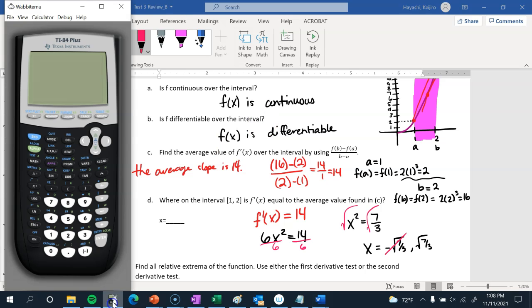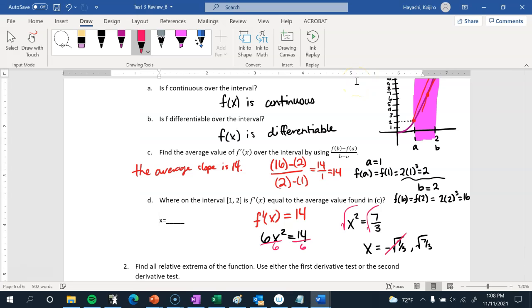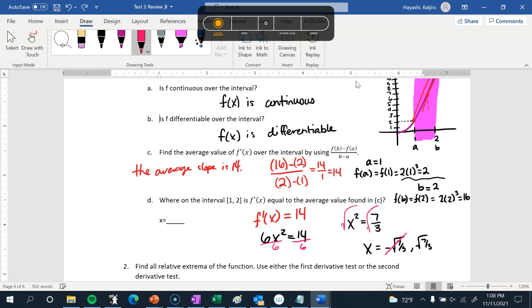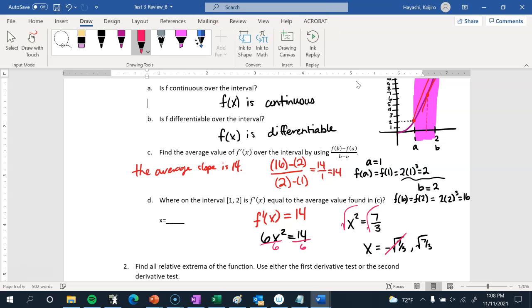Whereas, if you wanted to confirm that the square root of 7/3 was, it's valued at about 1.53 or so. So that is between 1 and 2. It is on the interval. The square root of 7/3 is on the given interval. So that's that x value, that sort of mysterious x value.